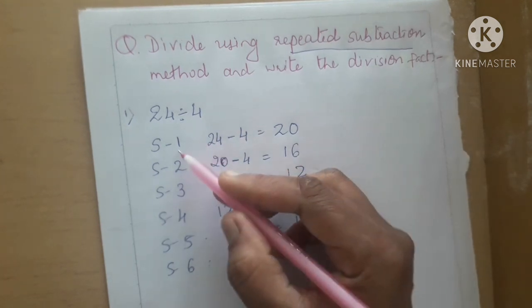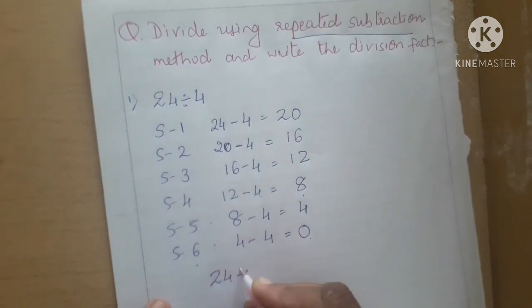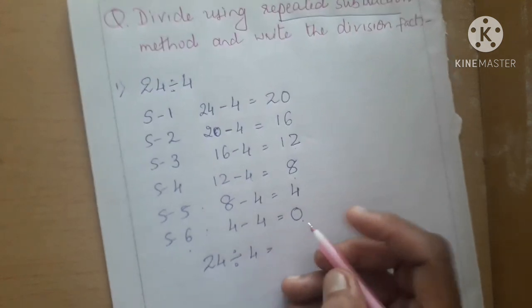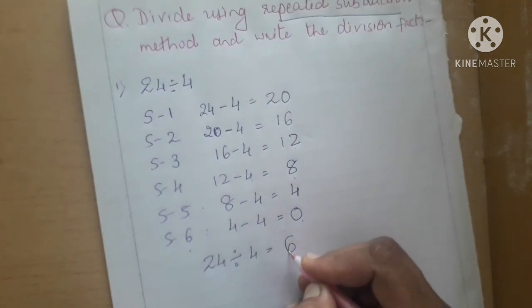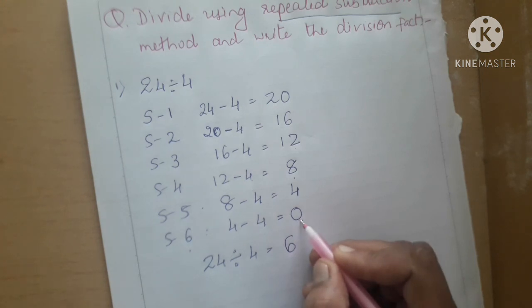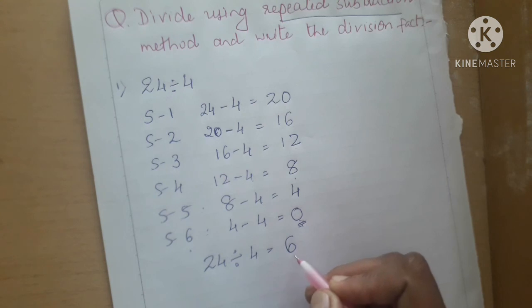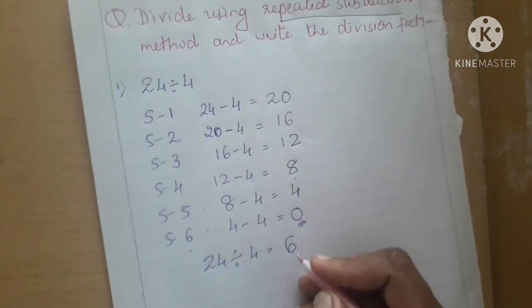Here you can see in 6 steps. So here 24 divided by 4, you can write it as 6. Okay, and this is what the remainder is. So here the remainder is 0. This is the quotient.